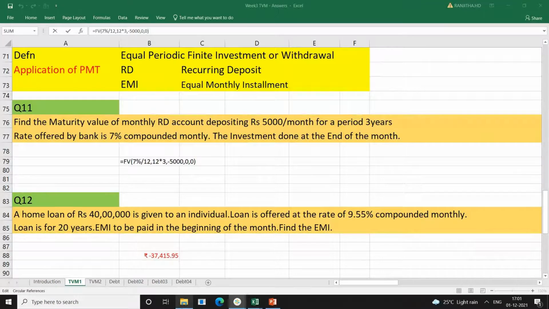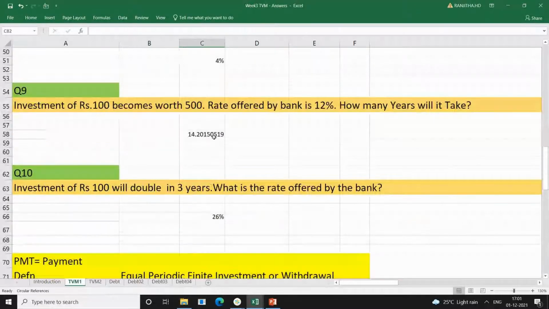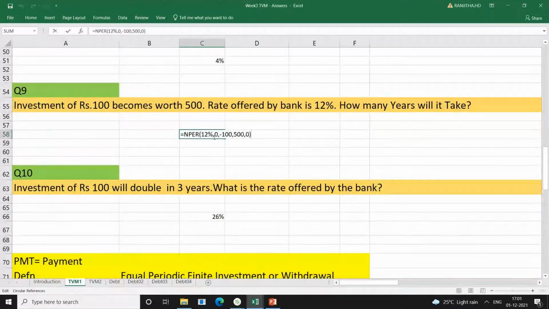Ninth answer. You are getting 14 years here. We are finding out years, so nper.